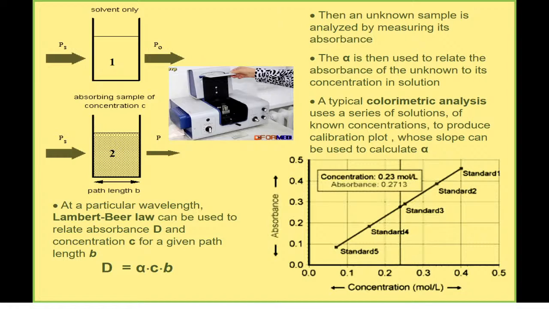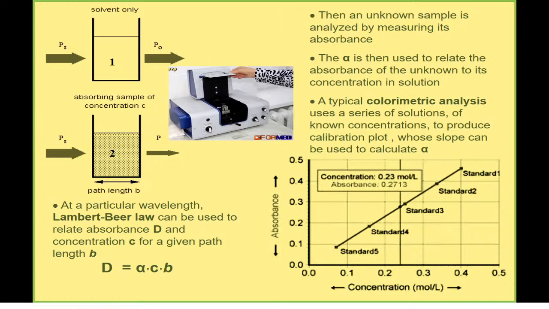After that, you put on the way of the light the solution of the substance of interest, and the reading will correspond to the absorbance of that substance only, without the absorbance of the solvent. So this becomes a more correct investigation of the concentration.